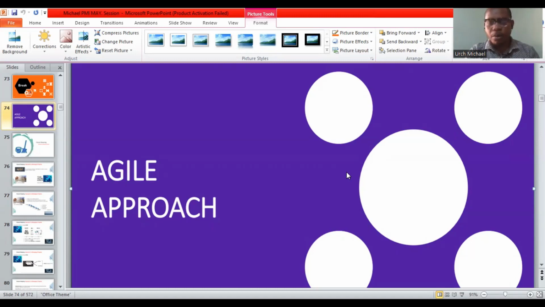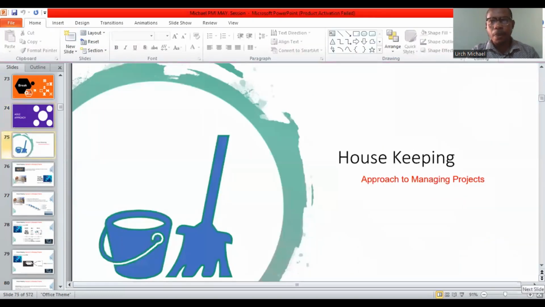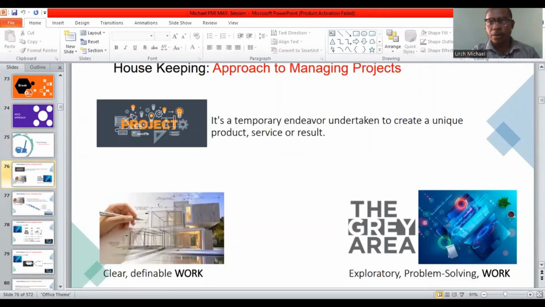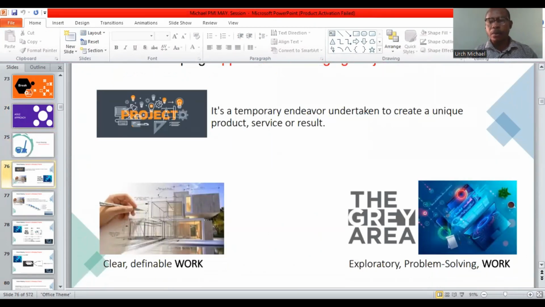So today we're going to be talking about agile, the agile approach to project management. To address this, I want to let you know that we have different kinds of projects, and the strategies and methodologies you intend to adopt as a professional project manager depend on the kind of project.